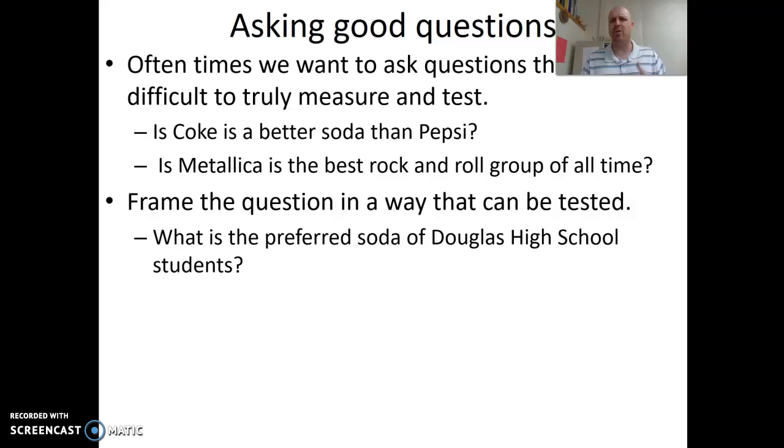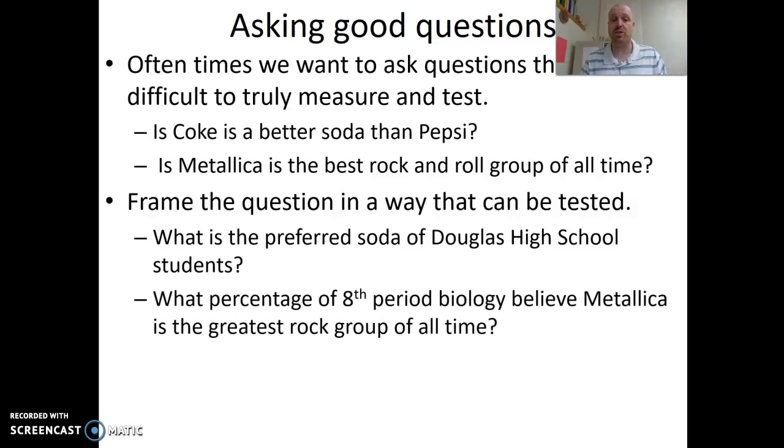Okay, so try to avoid broad questions when you're coming up with an experiment or designing a question to be tested. You want to be very specific as much as possible. For instance, what percentage of eighth period biology believe that Metallica is the best rock and roll group of all time? Now, I took that and framed it in a much more measurable type of scenario.